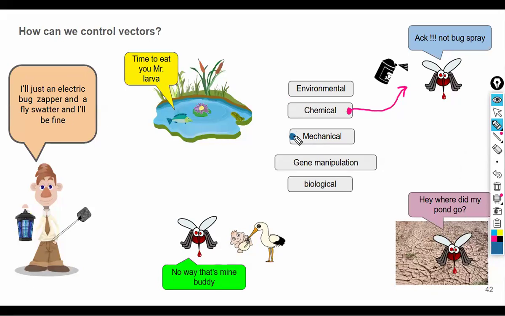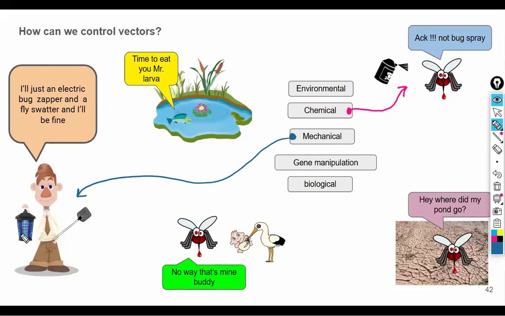A mechanical method is when you use physical force to kill a vector. For mosquitoes or flies, you can use a fly swatter, or for rats, you can use a rat trap, the one that has a spring on it, and it actually crushes the rat. You call those mechanical methods.